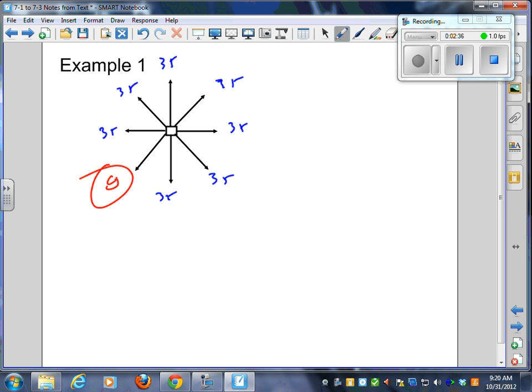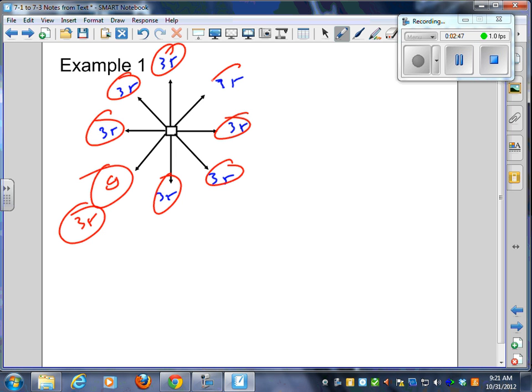Well, obviously it's going to have to be 35 newtons, right? The net force has to be 0. This 35 and this 35 will cancel. That one and that one will cancel. That one and that one will cancel. So clearly that one and that one have to cancel as well. So child number 8 has to come up with 35 newtons. And then therefore the net force is 0, which means it has a net acceleration of 0. If it's already at rest, it will simply stay at rest.